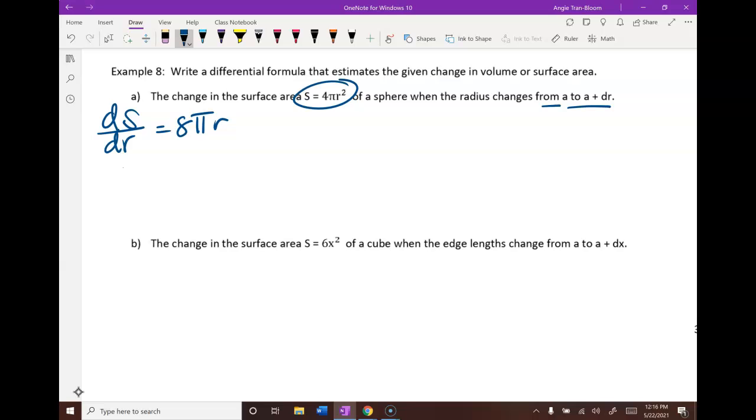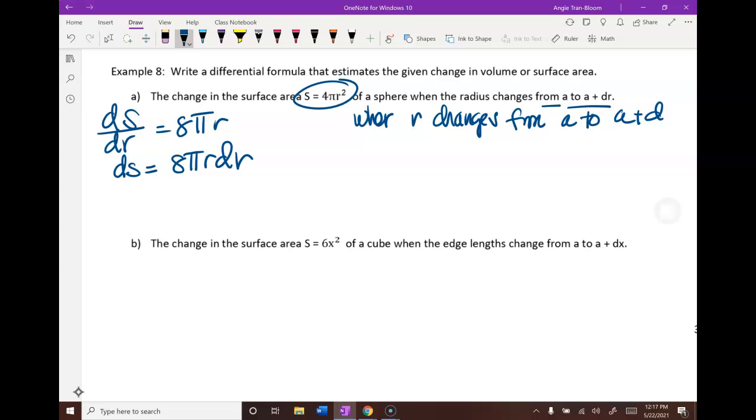Now we can cross multiply just so we can have dS equals 8 pi r times dr. Well, in this question, it says give me a formula when it goes from A to A plus dr.